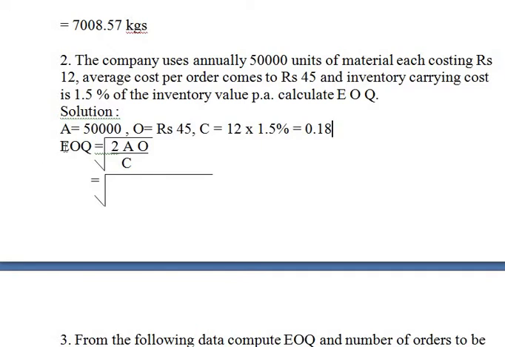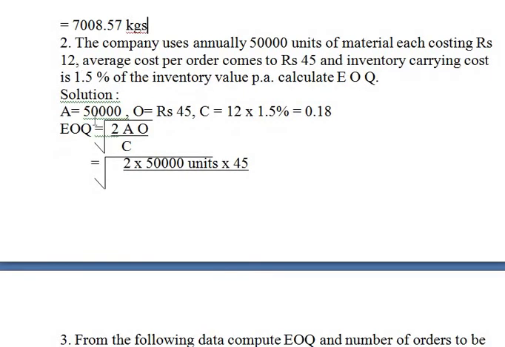Understanding? Now next line, write down the formula: root of 2AO divided by C. Now 2 into annual consumption, 50,000 units, into O, rupees 45, divided by C. C is 0.18, we have already calculated that.